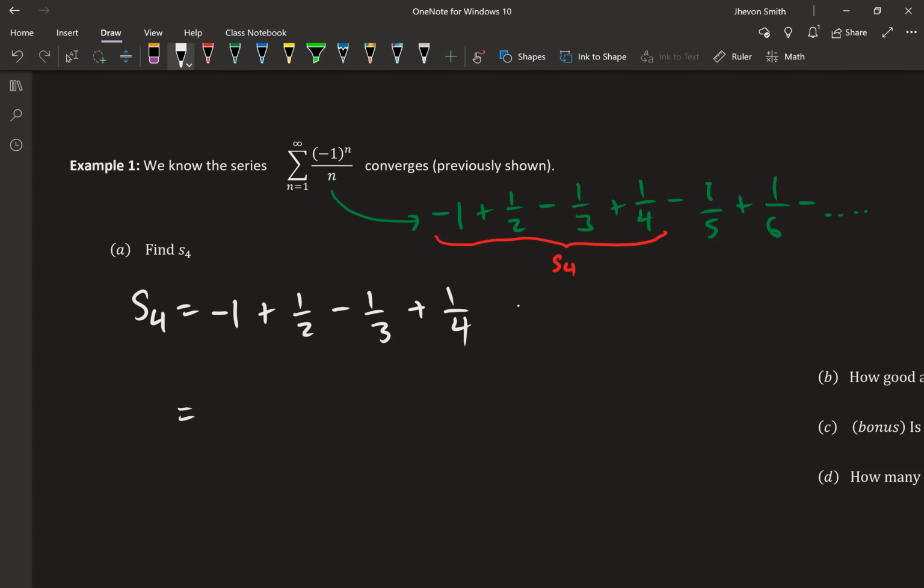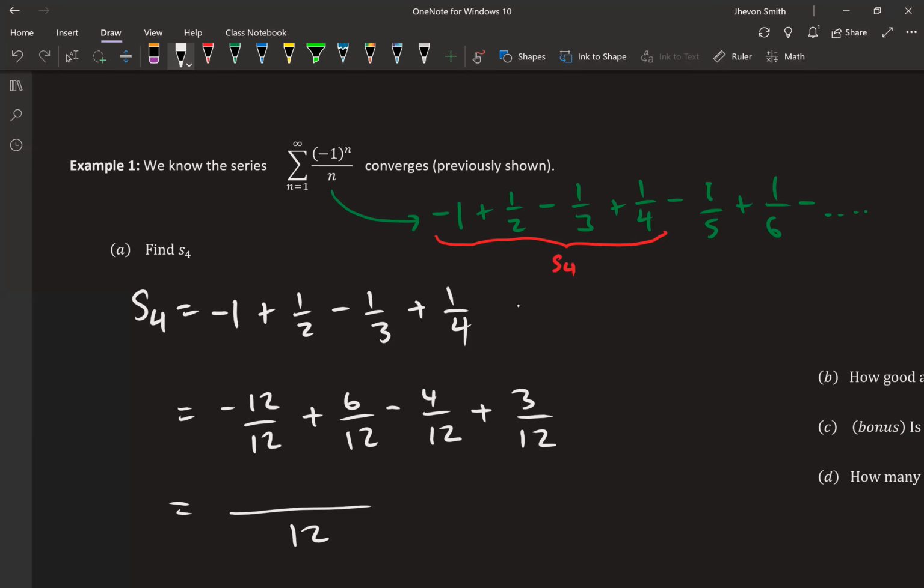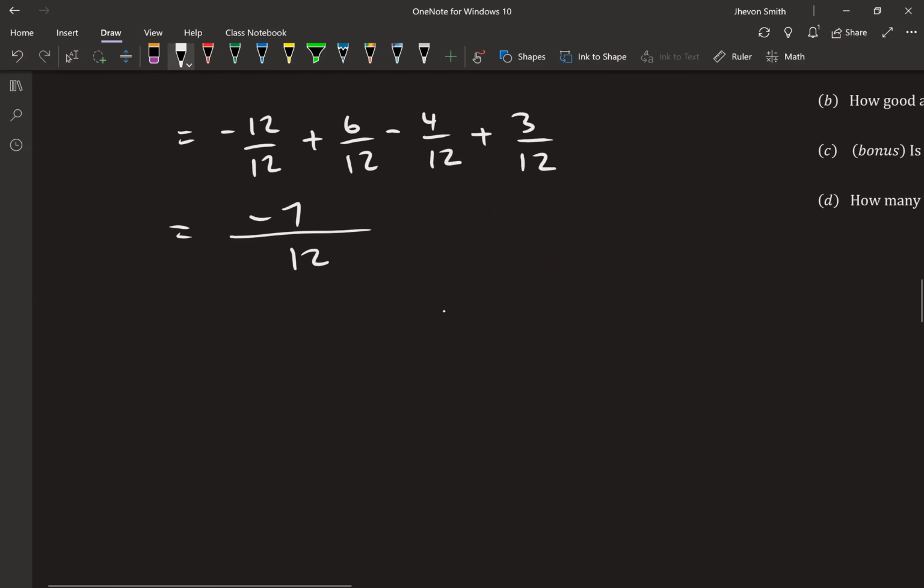Writing these with 12 as the common denominator, it's minus 12 plus 6, minus 4, plus 3, all over 12. That's minus 7 over 12.